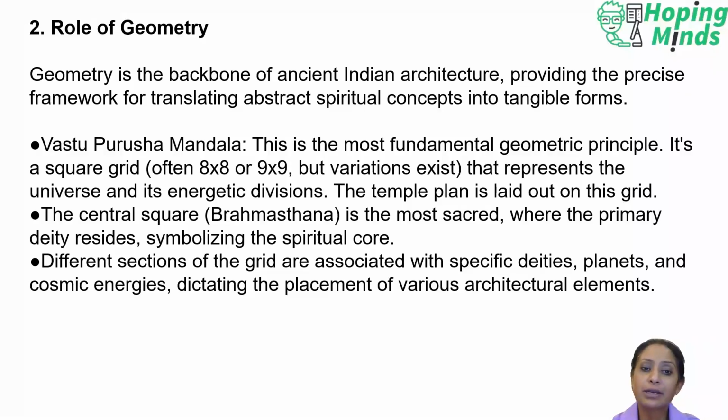It's a square grid, often 8 by 8 or 9 by 9, but variations do exist, that represents the universe and its energetic divisions. The temple plan is laid out on this grid. Then we have the central square, or the Brahmasthana, which is the most sacred, where the primary deity resides, symbolizing the spiritual core, the base of the temple.